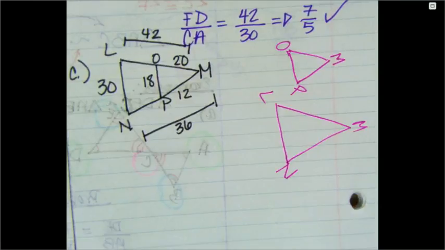Wait, so it has to start with M? I would start with M, because I know that's the same angle no matter what. I did LMN and then OMP. I just usually start with M because I know that's the similarity. I start with what I know.